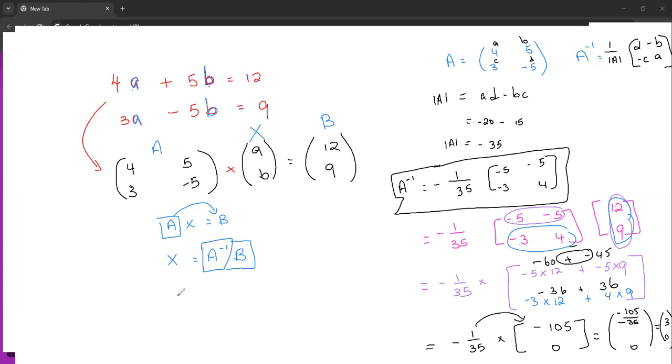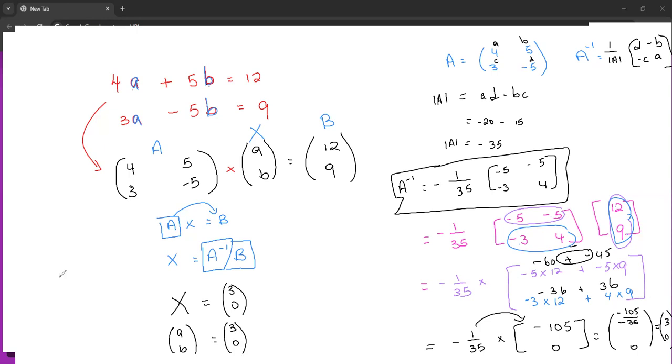Now, that means that x is equal to 3, 0. Now, remember, x was actually the matrix AB. So you're going to get AB is equal to 3, 0.